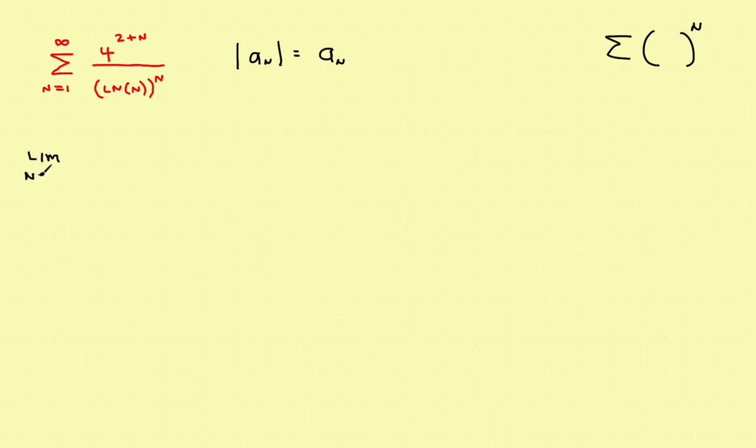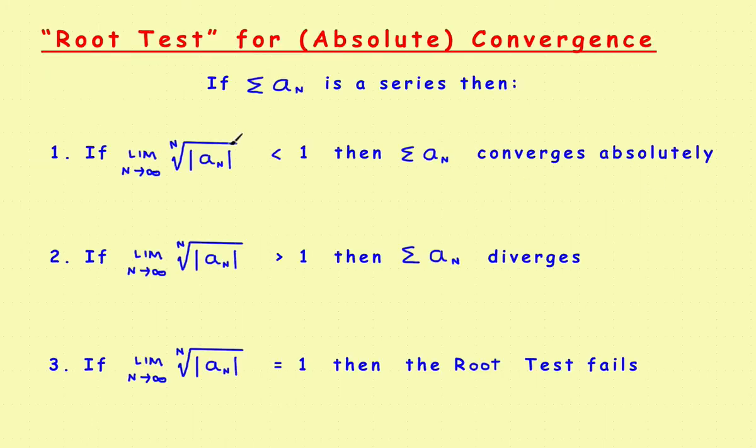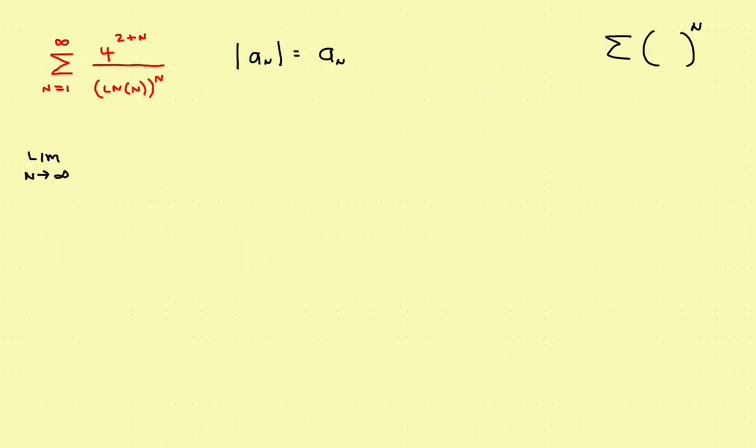So you want to find the limit as n approaches infinity, and what we're doing is just this step right here. You want the nth root of the absolute value. So this is going to be the nth root, and I'll make a kind of a big one here, of the original series. So this will be 4 to the 2 plus n divided by natural log of n raised to the nth.